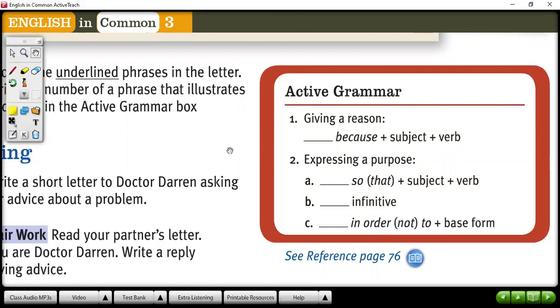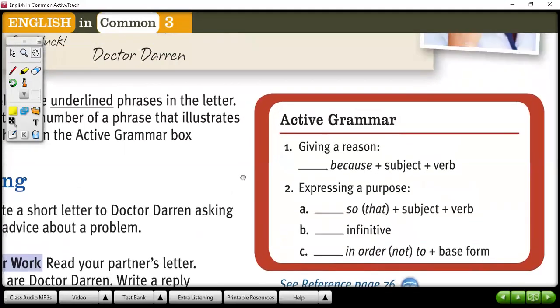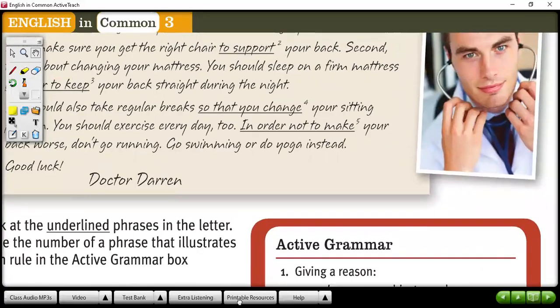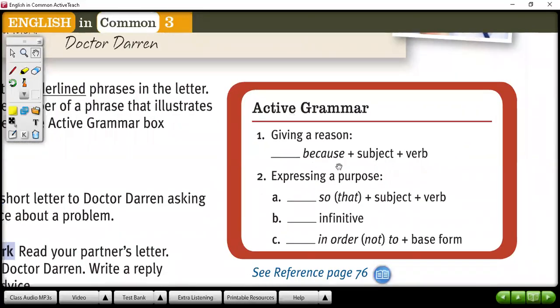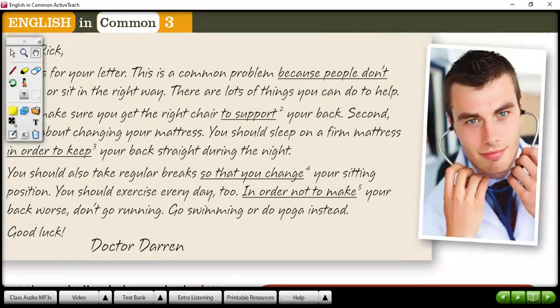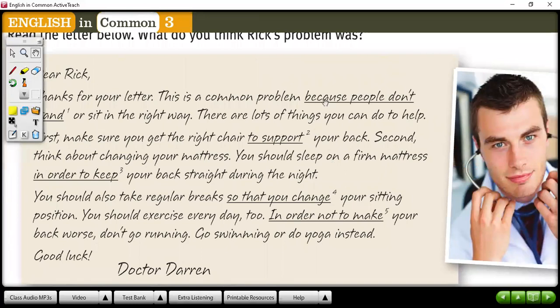Okay, and you say this is because plus subject. What does it mean? What's the structure? Because plus subject plus verb. Let's look for because here in the reading. Here we have because. As you can notice, because is part of a clause. Okay, it's a clause here.